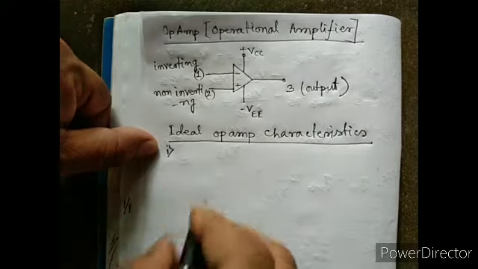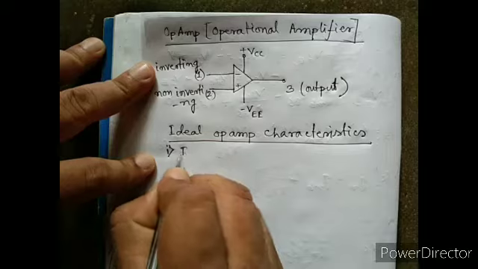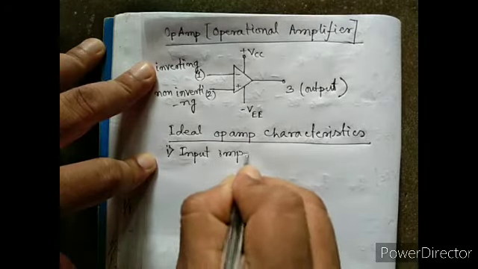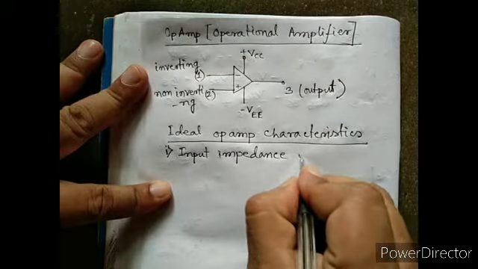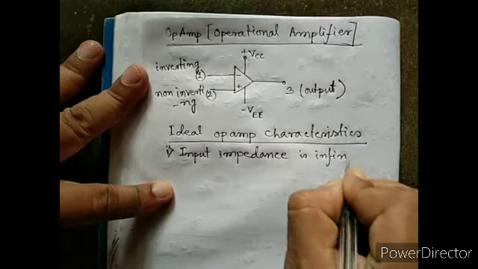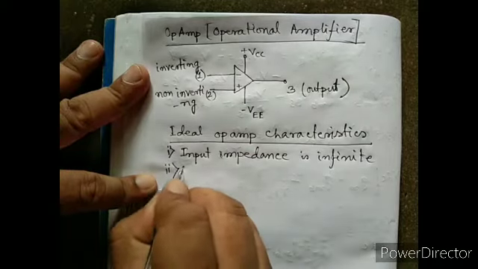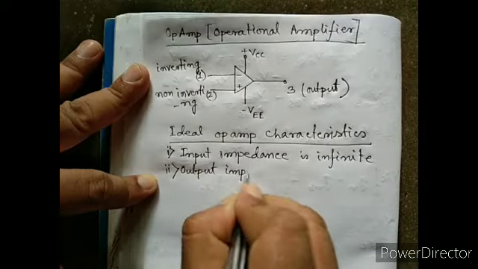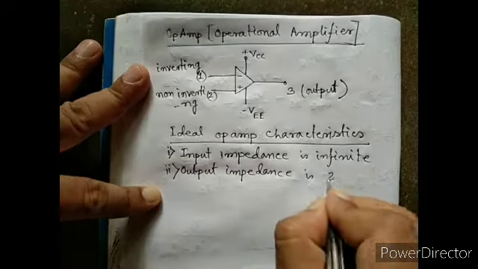First one, ideal operational amplifier input impedance is infinite. Output impedance is 0.